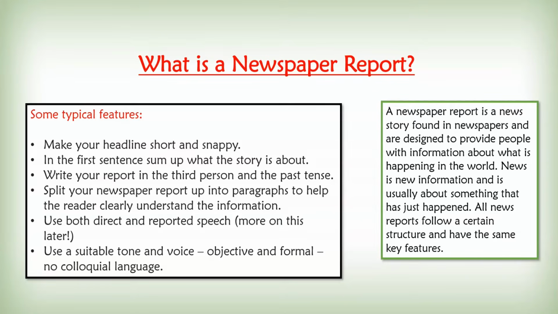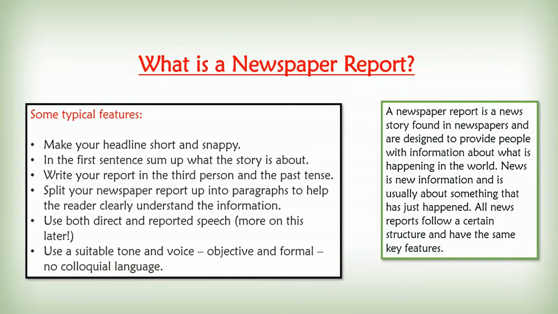So some typical features include, of course, a headline. They are usually short and snappy, and we will look at how to write an effective headline shortly. Your first sentence or sentences really sum up what the story is about. So it's those 5 W's, the who, what, where, when, and why. You write your report in third person, you use past tense.